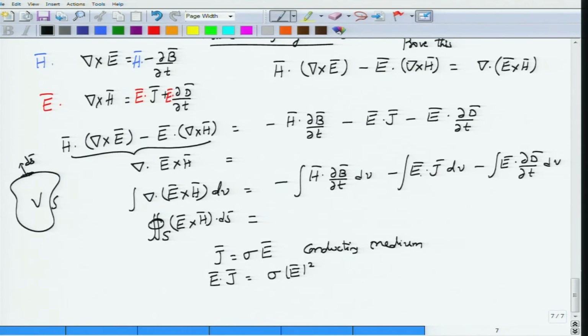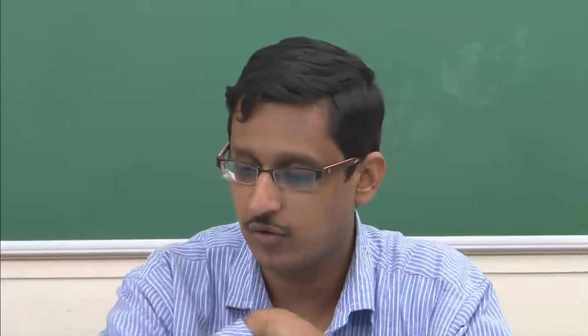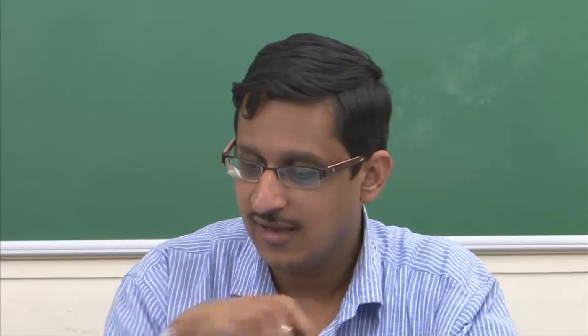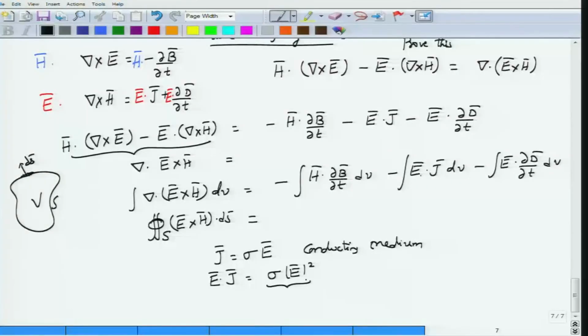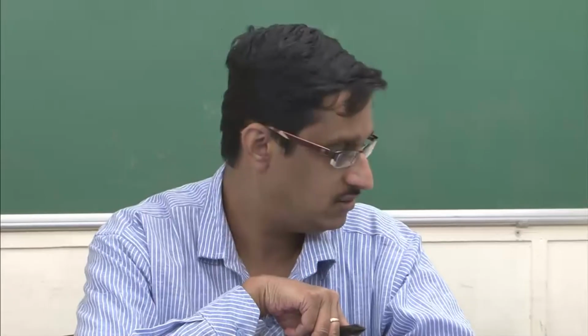Now the electric field E is related to the potential V, and this expression should turn out to be very similar to conductivity times V square. If you go to circuit theory, this would be similar to V square by R, which represents ohmic losses. This should represent ohmic losses.